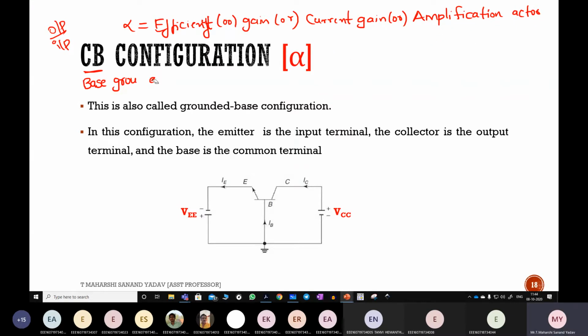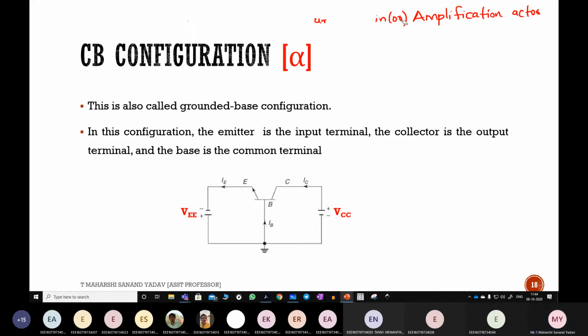Are you able to see the screen? Yes, sir. Tell me then, which is the input side and which is the output side? IE is the input current. Input voltage is VEE or VEB? EB or BE?